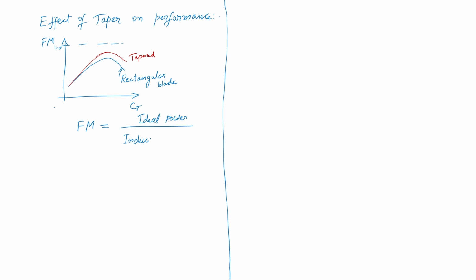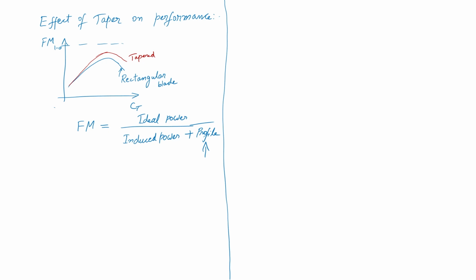So, here I will say induced power, which means ideal power into kappa plus profile, right. And what is my taper doing? Reducing the profile power. Okay. So, if this guy gets reduced, my denominator is coming down. So, my figure of merit will automatically go up. Okay. So, it has slightly superior efficiency.